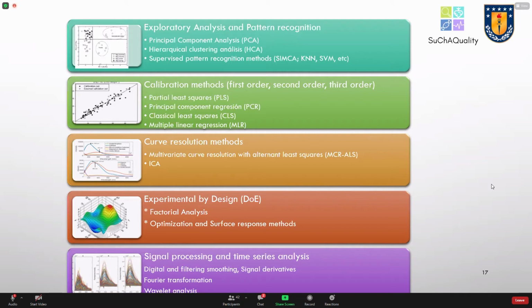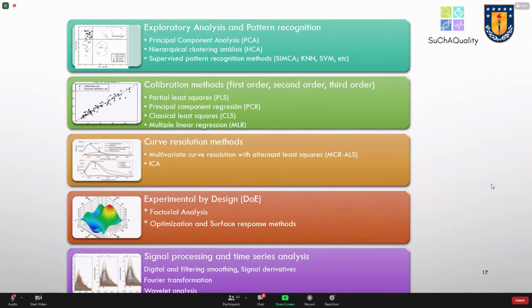This is the simplest way to do a regression. If I use an X variable and a Y variable and do a simple regression, I'm using the zero order. And when I use not only one variable X, but a lot of variables in X, I'm using first order. And this is multivariate analysis.